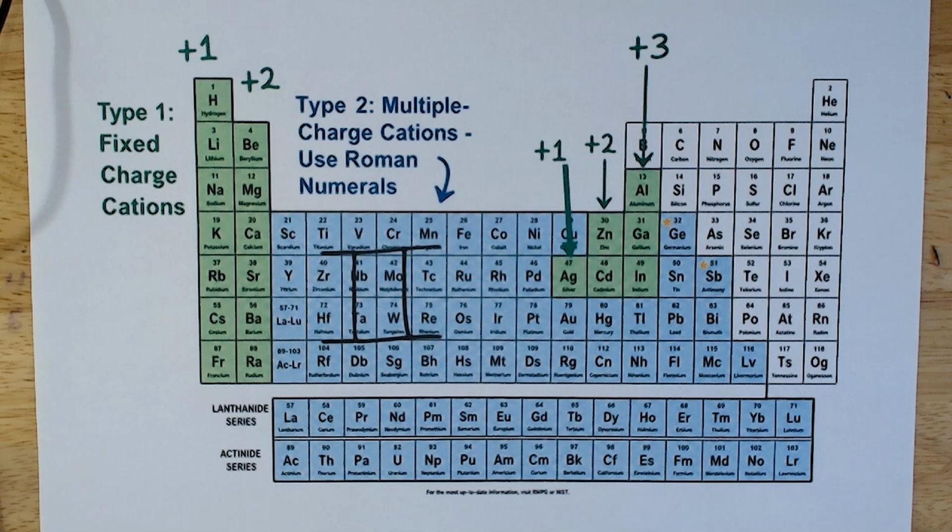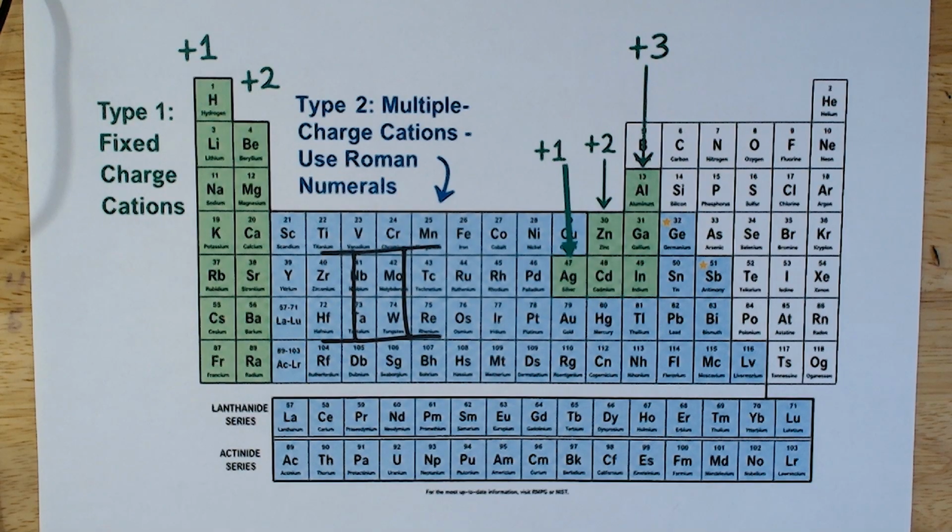So the focus of this video will be to work multiple type 1 binary non-acid ionic compounds going from formula to name. In an introductory chemistry class, we are considering type 1 compounds to be those that contain cations with a fixed charge, meaning each cation has only one possible charge.